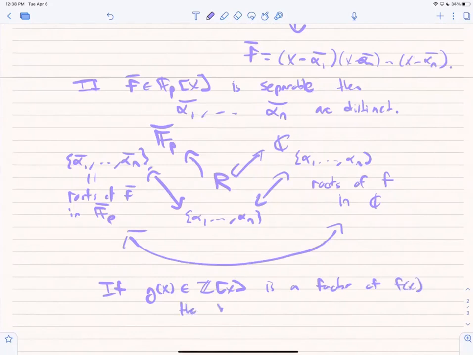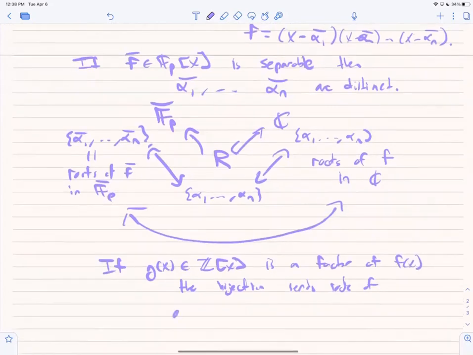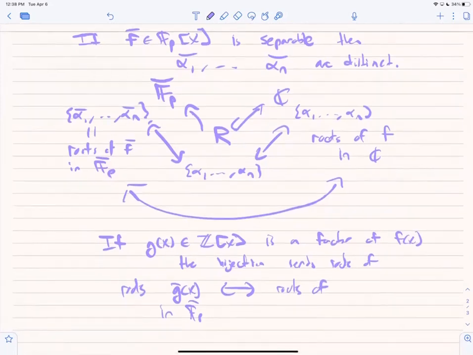It sends roots of g bar of x in F_P bar in bijection with roots of g of x in C. By the same argument, the polynomial g is some product of these linear terms, and those get mapped to the roots of g bar and to the roots of g.